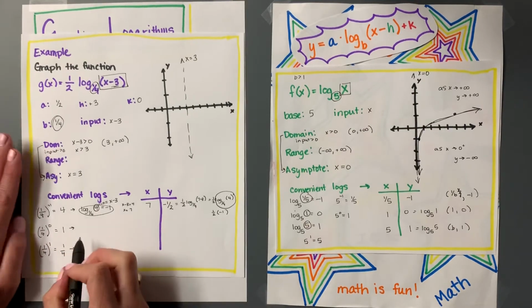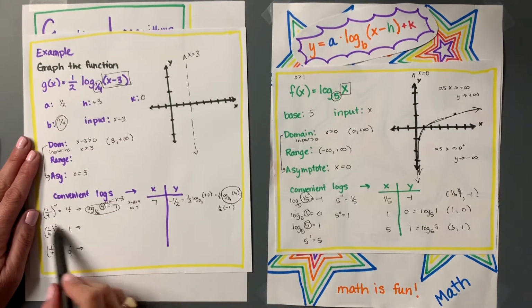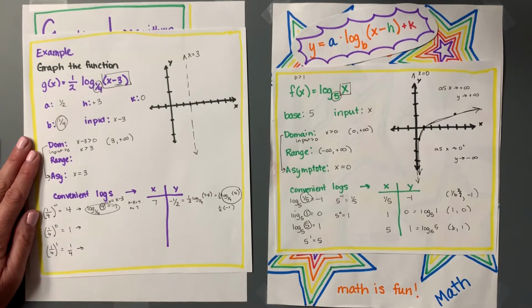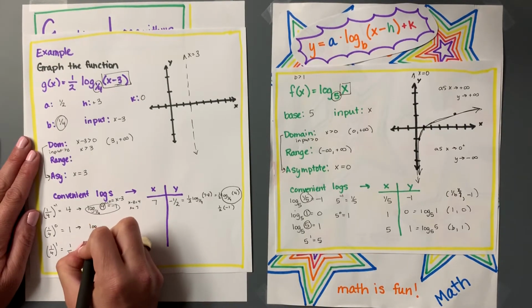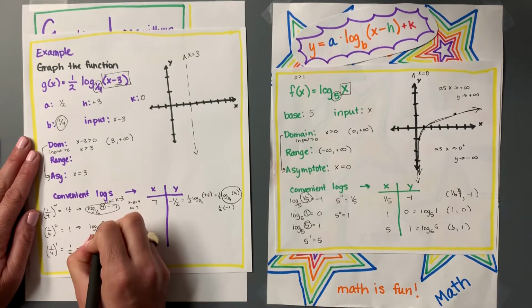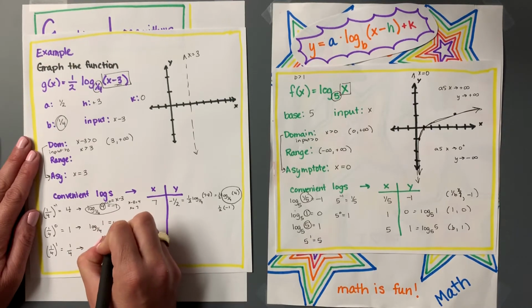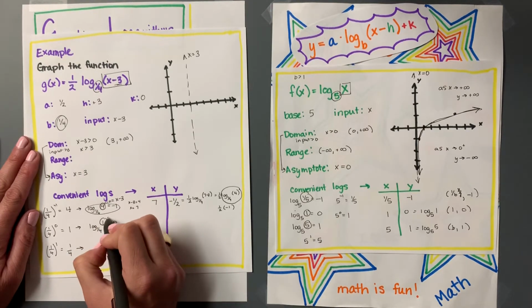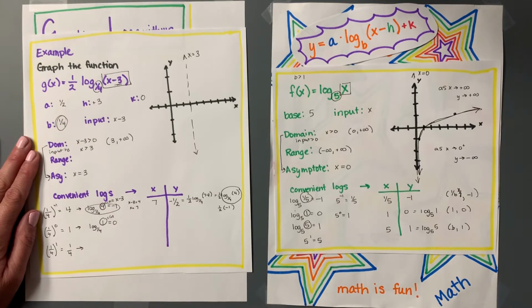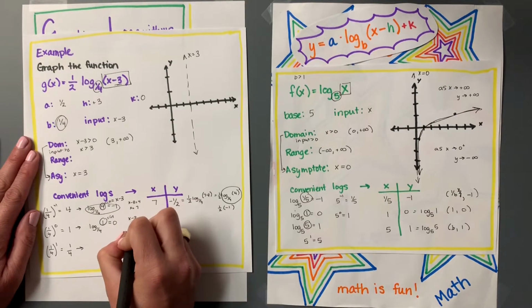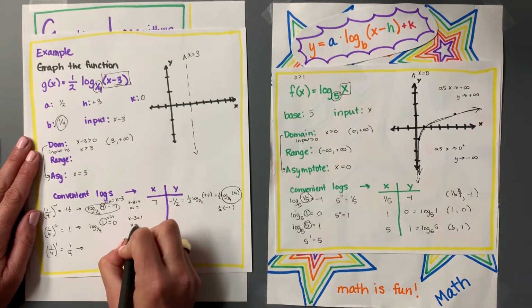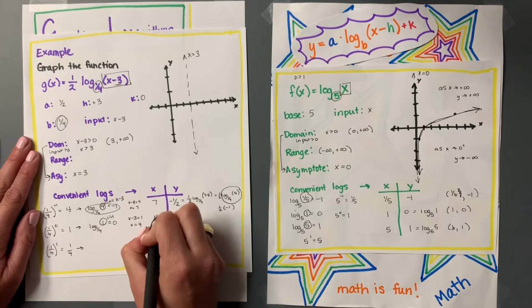Next, I'm going to look at this here. So I have 1/4 raised to the 0 equals 1. This becomes log base 1/4 of 1 is equal to 0. I want my input to be equal to 1. So I'm looking at x minus 3 is equal to 1. X should be equal to 4.